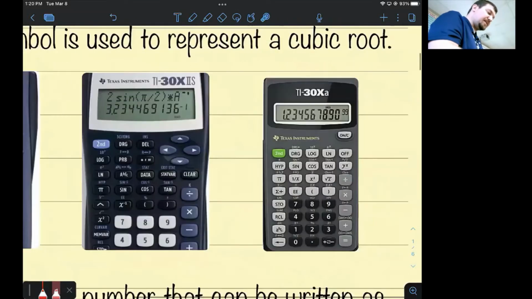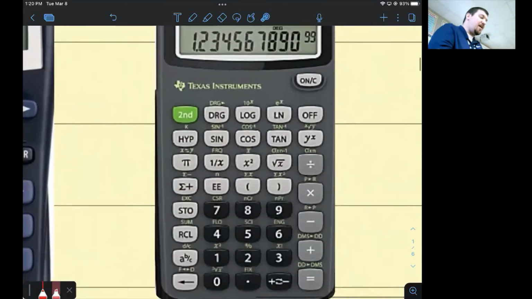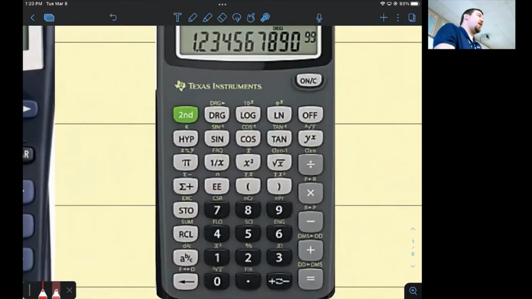And then, does anyone have a calculator like this one? Okay. Now, you'll have to test this out, Julia, because I don't use this one anymore. I think that you need to hit 3, second function, and then this exponent button, and then type in 64 and see if it gives you 4.